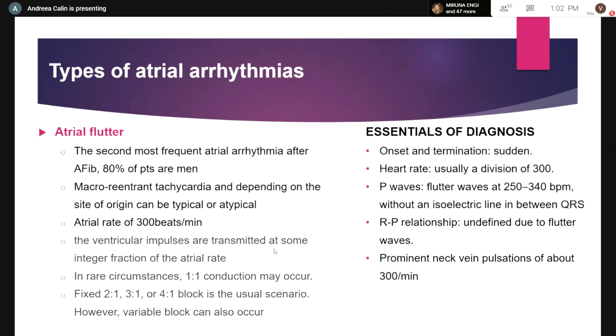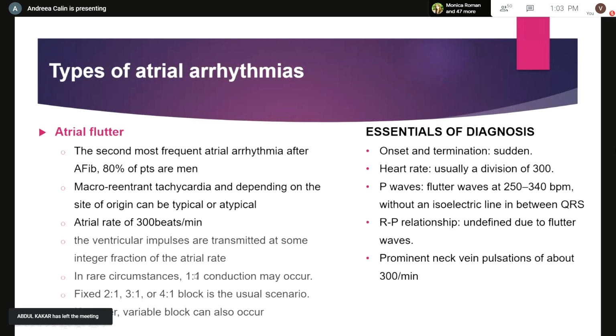The atrial flutter is the second most frequent atrial arrhythmia after atrial fibrillation. It affects mostly males, about 80% of these patients. And this is a macro re-entrant tachycardia. Depending on the site of the origin, it can be typical or atypical, as we will see later. The atrial rate is about 300 beats per minute, and the ventricular impulses are transmitted at some integral fraction of the atrial rate.